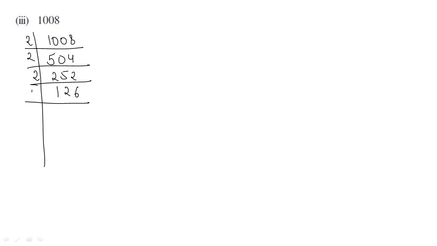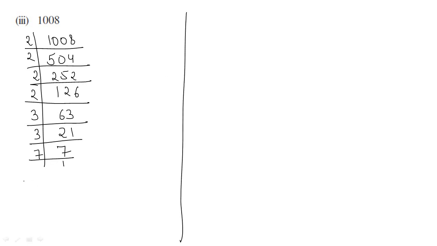Again on to 63. Again on 3, 21, again on 3, 7, and then 7 ones are 7. So now we write down the prime factorization of 1008, which is 2 into 2 into 2 into 2 into 3 into 3 into 7.